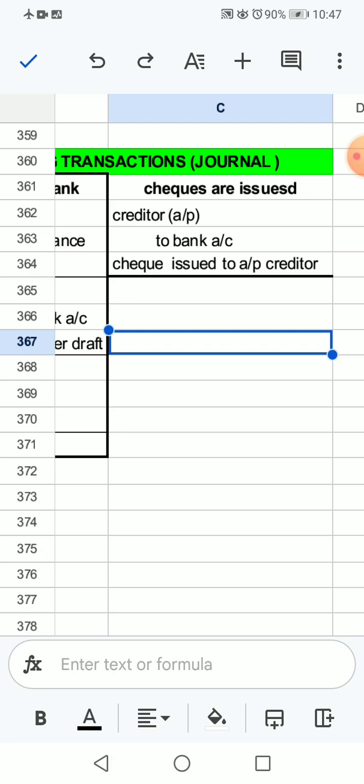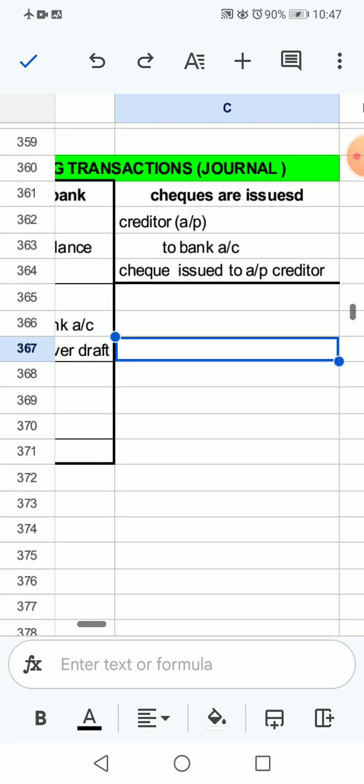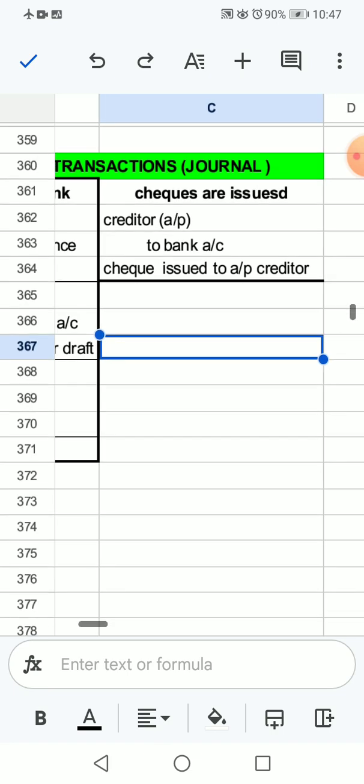This can be a reason. And let's say you have written a date upon that check, and the creditor was not able to go to the bank on that particular date, so the date has passed.